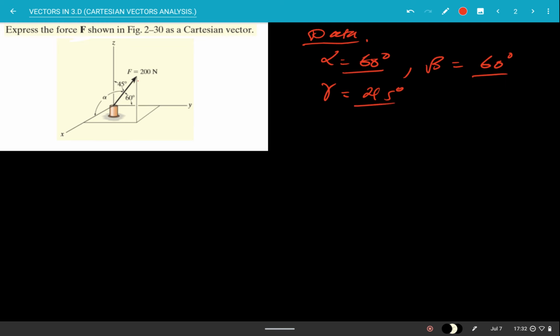Now that we have all the coordinate directional angles, we can find what we're looking for, which is the Cartesian form of the force that we have as the vector.